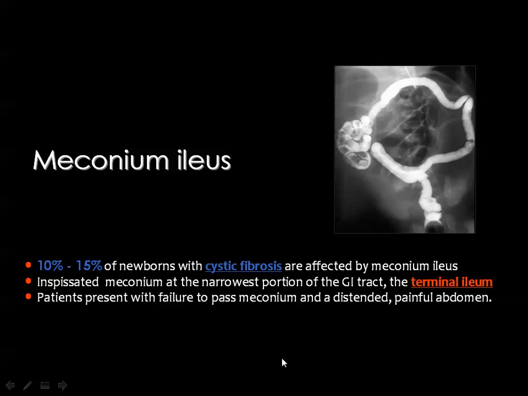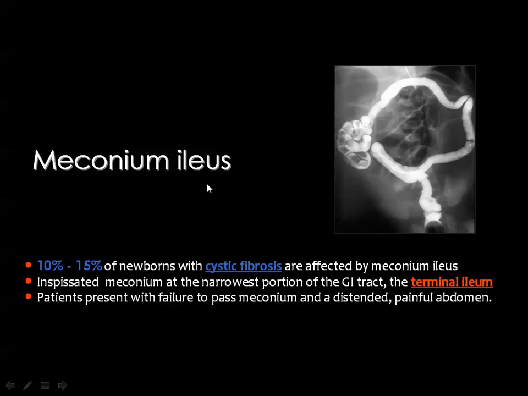And you remember, ileal atresia and meconium ileus can result in the same appearance on X-rays and barium studies. The colon is small, unused, and the proximal bowel is dilated and filled with air.